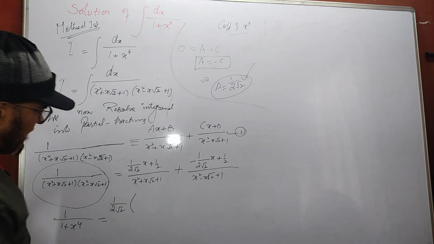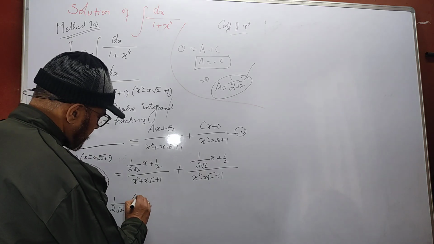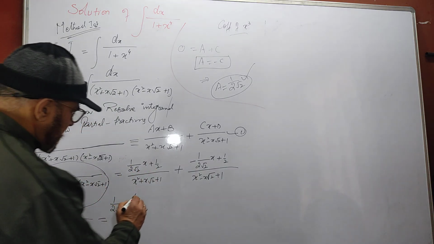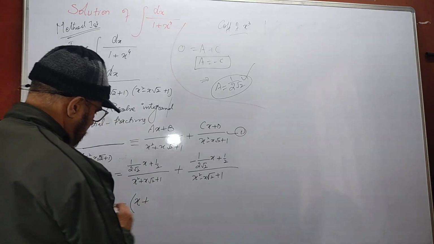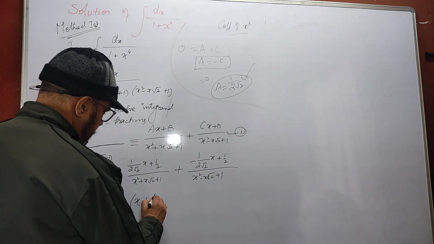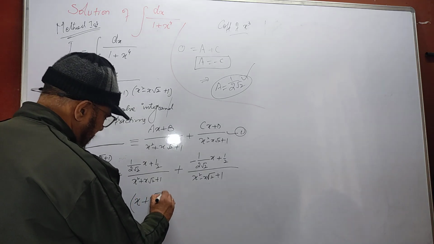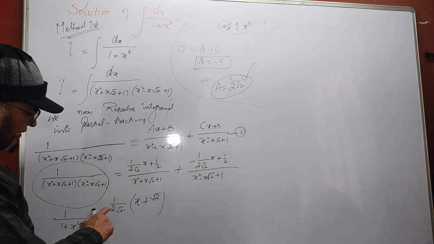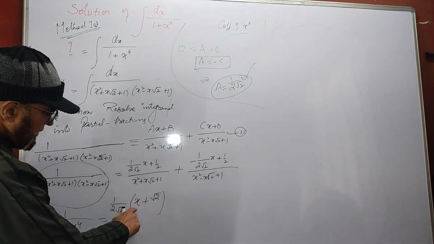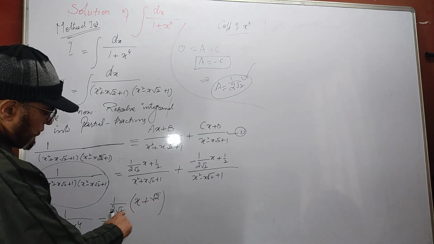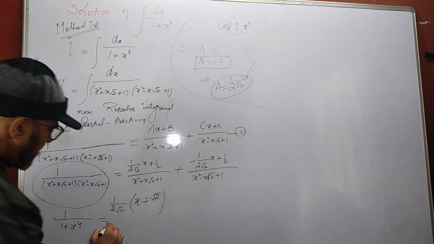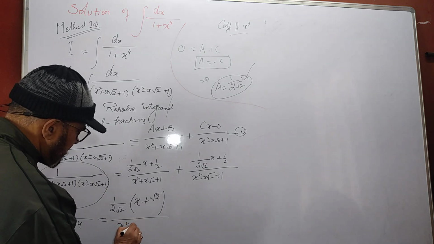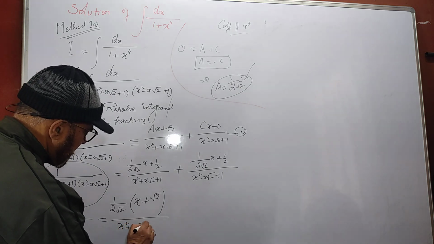This will be x plus root 2, because you don't have root 2 in the denominator, you can write it in the numerator. When you take it inside, it is x by 2 root 2, and this root 2 goes, it is 1 by 2. Then it is division by x square plus x root 2 plus 1.